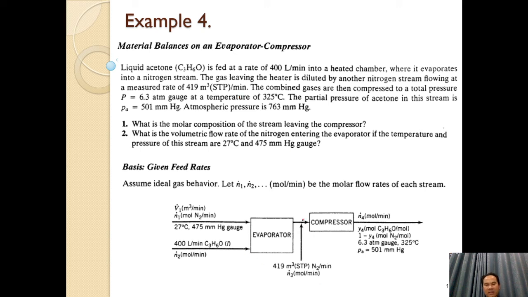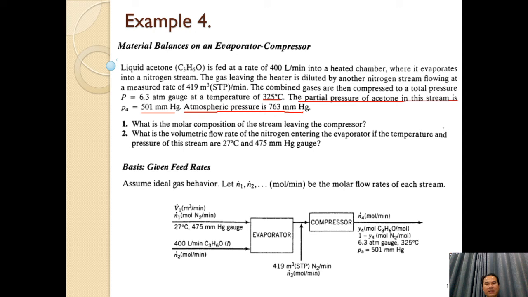After that, the combined gas is compressed to a total pressure of 6.3 atm gauge at a temperature of 325 degrees Celsius. For this case, the partial pressure of acetone in this stream is 501 millimeters mercury.